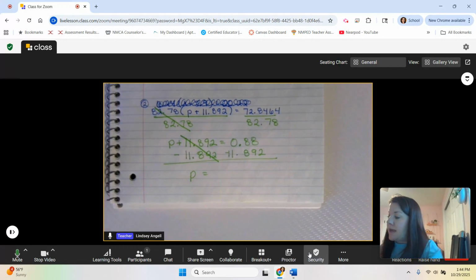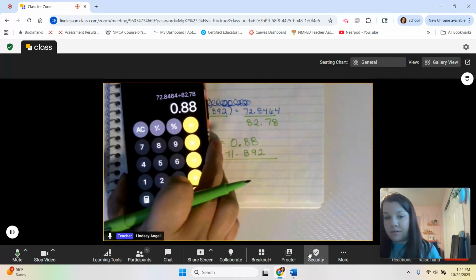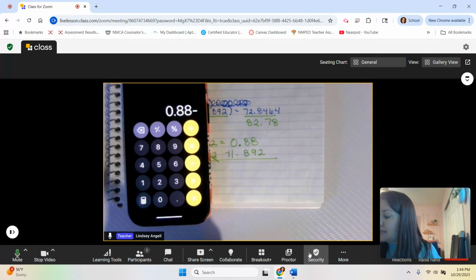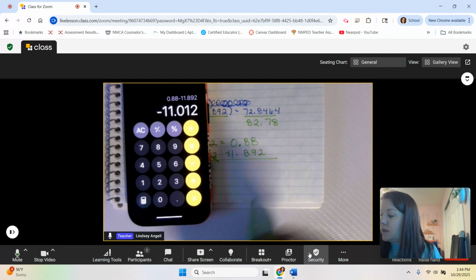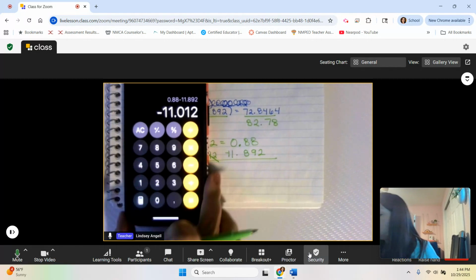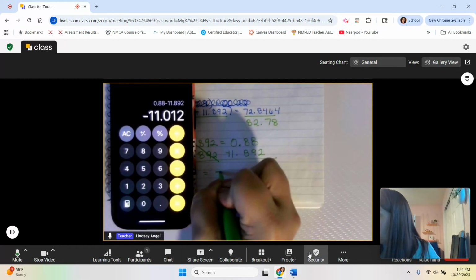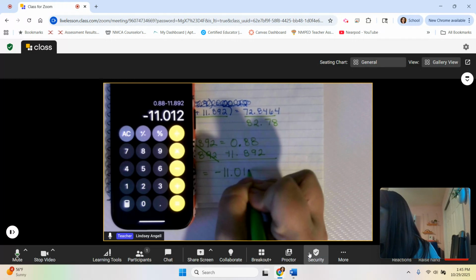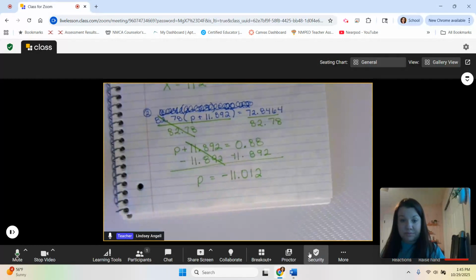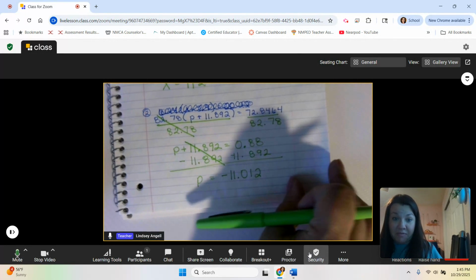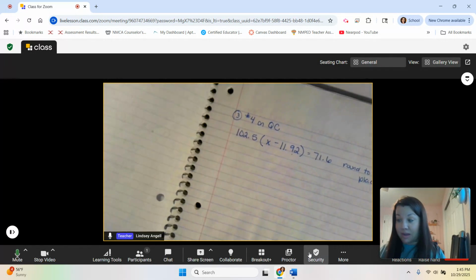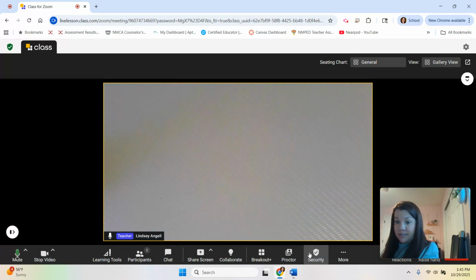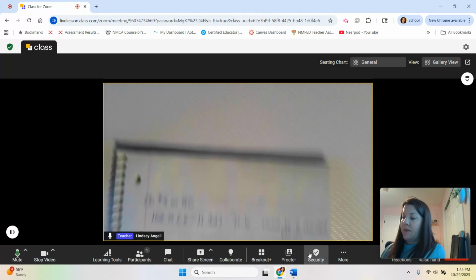And I'm left with, we'll do it over here, minus 11.892, which gives us a final answer. There we go. Negative 11 and 12 thousandths. All right, there we go. You can plug it back into the original equation to check your work as well. Okay, that's always a good plan. So if you want to pause the video and go do that just to make sure, that would be good.